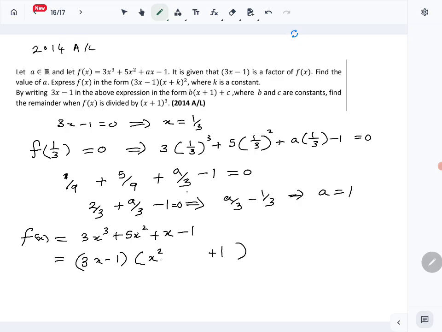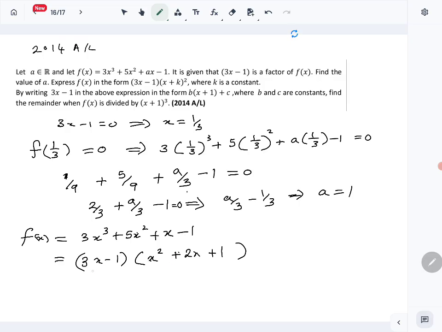I want 5x squared, so I need plus 6x squared, so plus 2x, right? So then I get the correct form now.